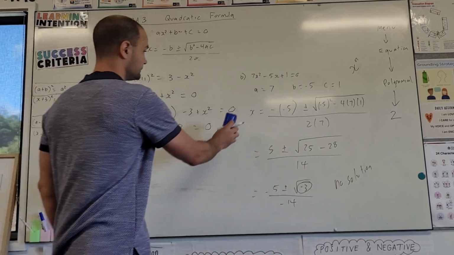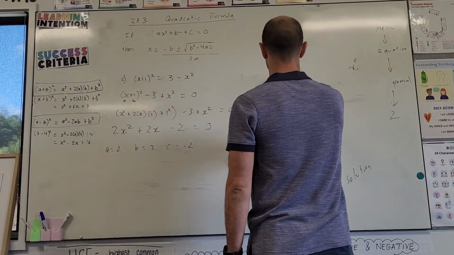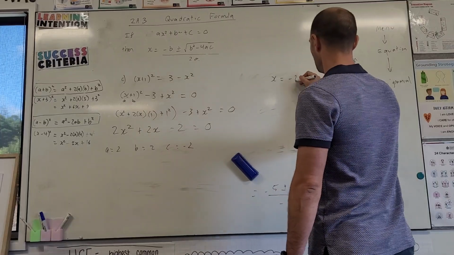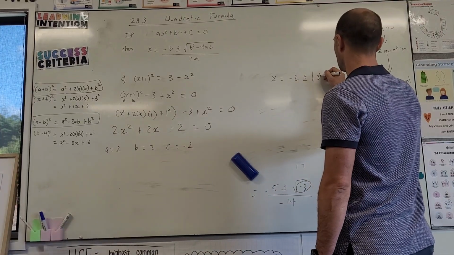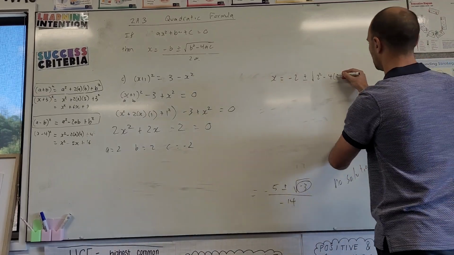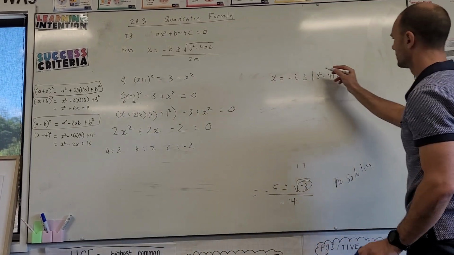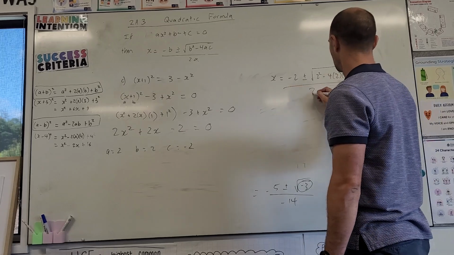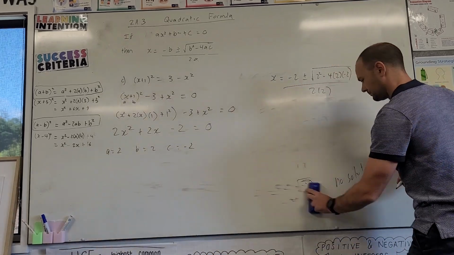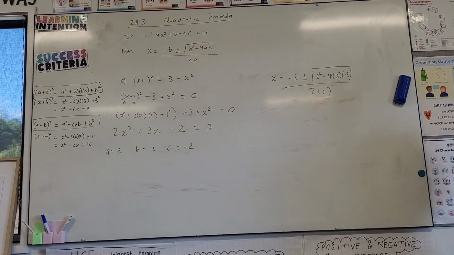It might come up here. So minus 2. So we sub it in and then we'll process it.